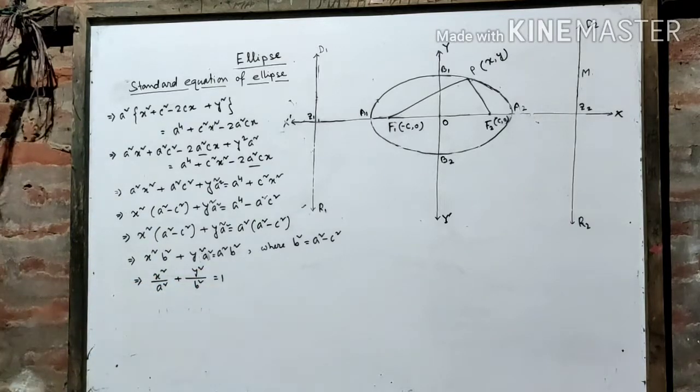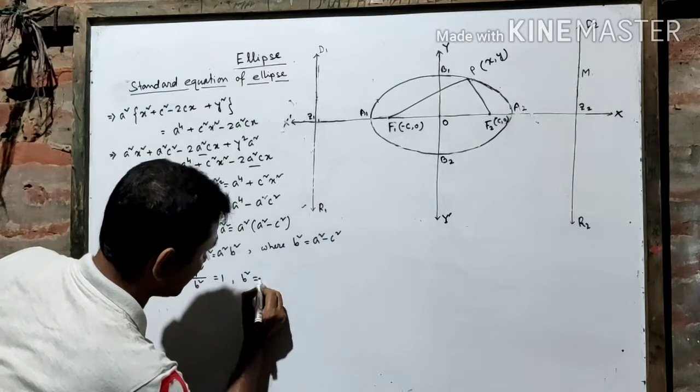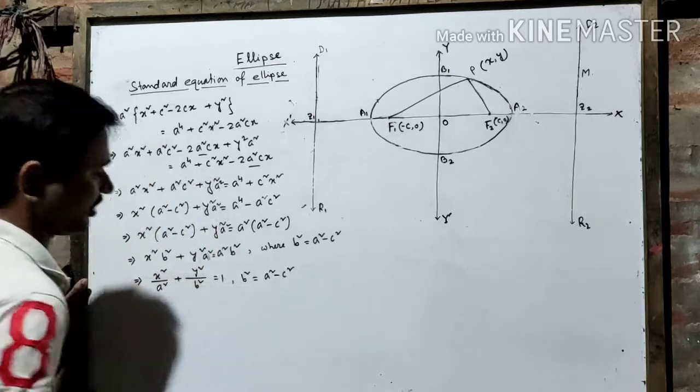This is the standard equation of an ellipse where b square is equal to a square minus c square.